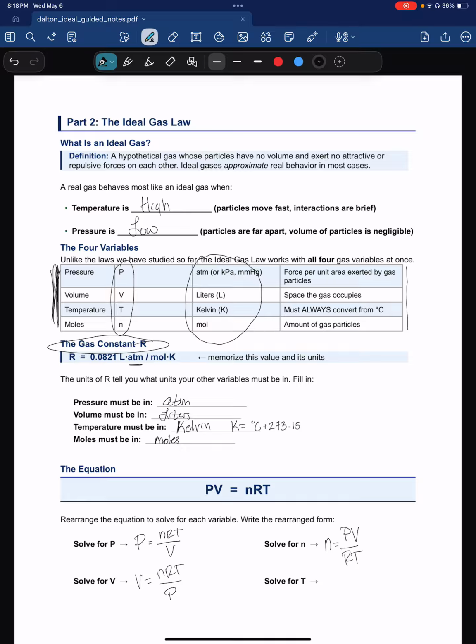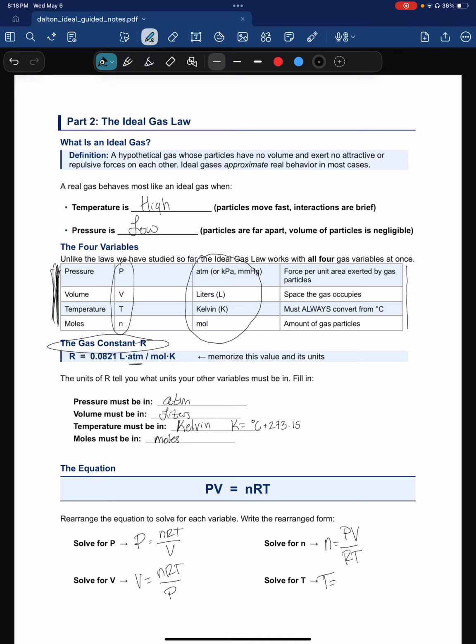And solving for T, T is equal to PV over nR. Great. I'm going to recommend that you just very quickly solve for the variable that you're looking for first before you plug everything in. It's going to make things a lot easier for you down the road. So I'm really going to recommend that you do that.